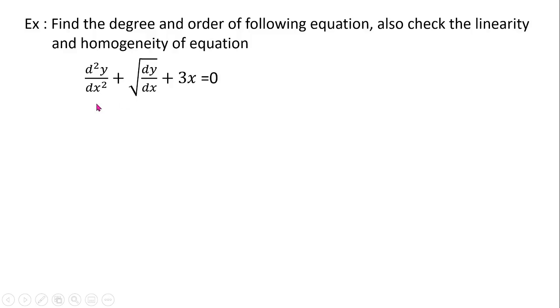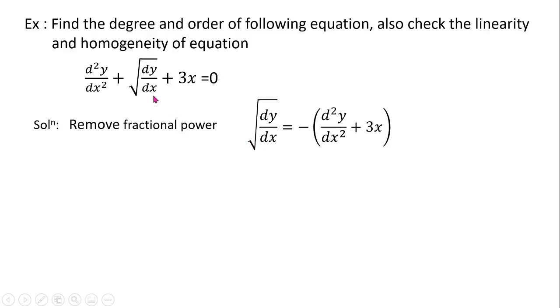We have to rationalize this equation. Therefore, this equation may be written like this: square root of dy by dx is equal to minus d square y upon dx square plus 3x, with 3x shifted to the right hand side.